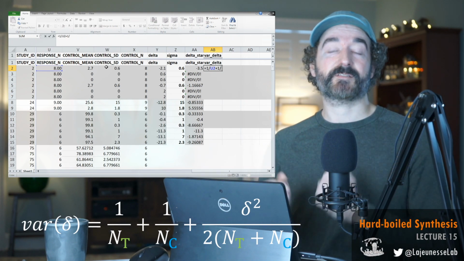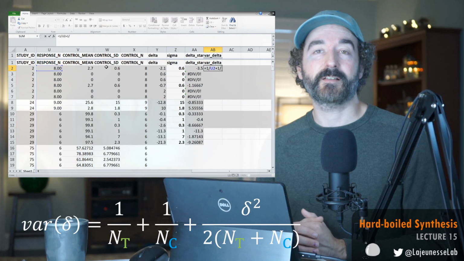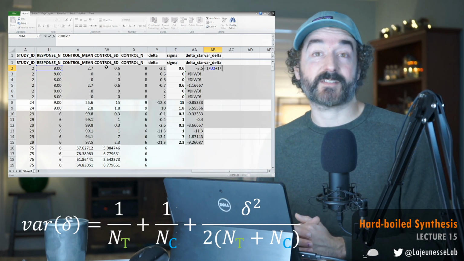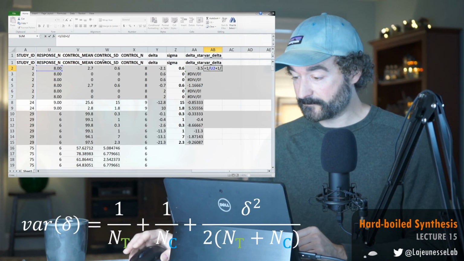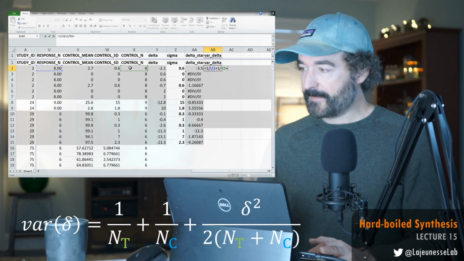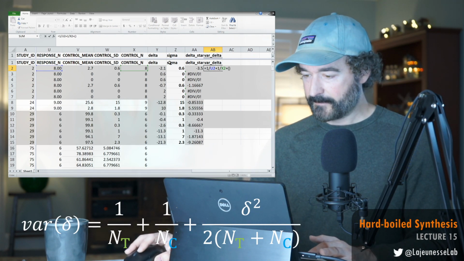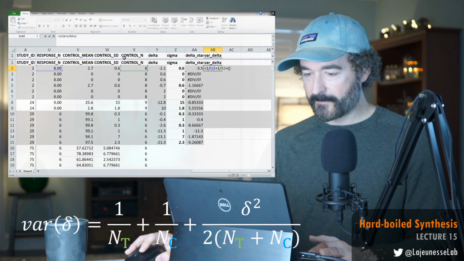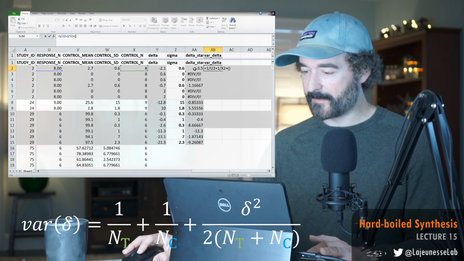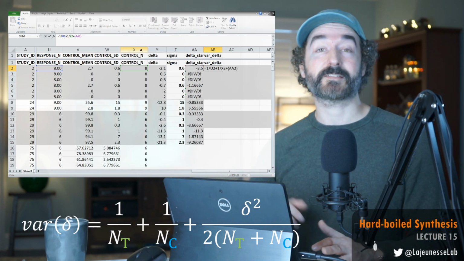That's just some rearrangement of algebra that happened at some point when Larry wanted to describe the effect sizes. It's totally unnecessary. And then we want to take the square of the delta. Now, a common criticism of the variance of delta is that it includes delta in the estimation.